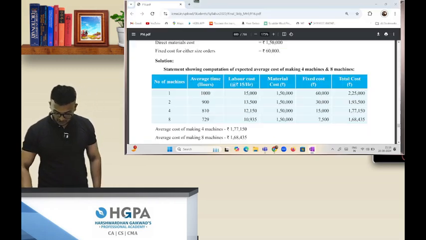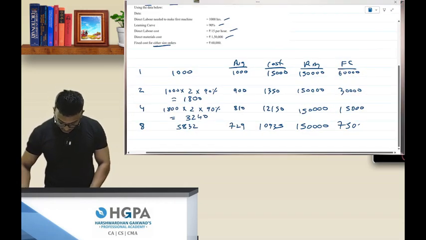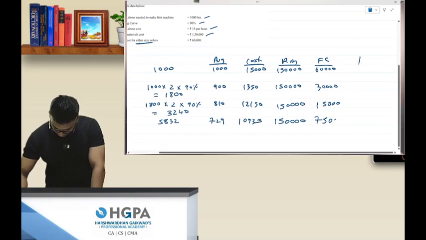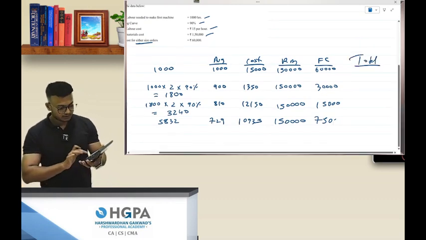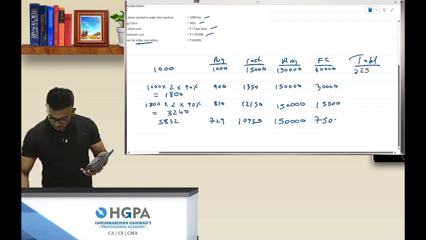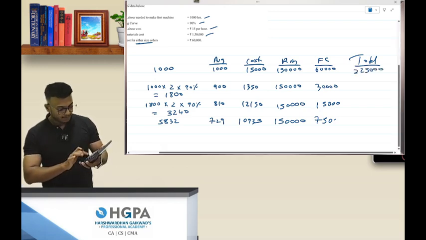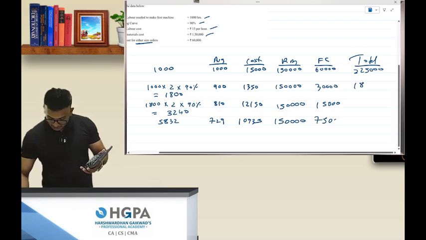This is what they've asked you. You can just total it over here. 60,000 plus 1,50,000 plus 15,000 will be 2,25,000. 30,000 plus 1,50,000 plus 1,350 will be 1,81,350.